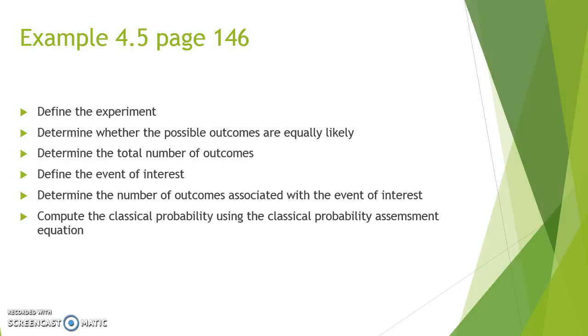Determining the total number of outcomes would be step 3. There are 500 envelopes in this particular drum, so that is the total number of outcomes. Now, defining the event of interest, we might be interested in assessing the probability that the first customer will get a 20% discount. We know it is equally likely to select any envelope, but what is the probability of the first customer choosing the 20% envelope?